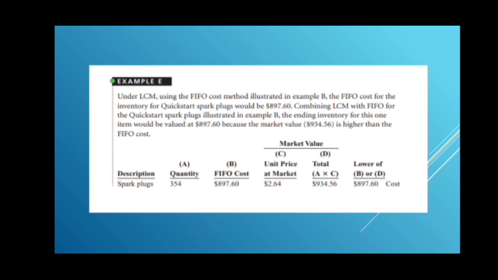So 354 times $2.64 equals 934.56. So to get the lower of B or D, you just take the lower cost.